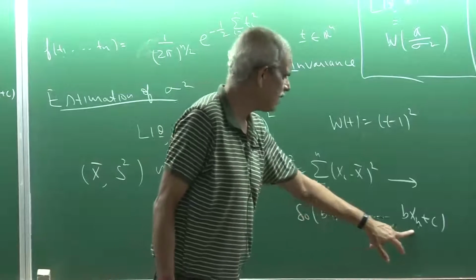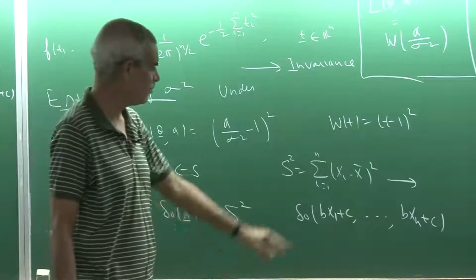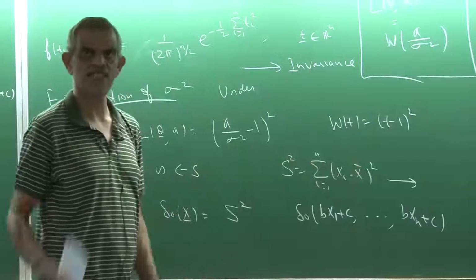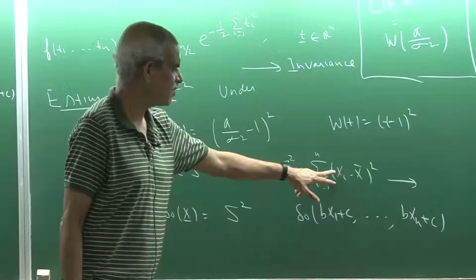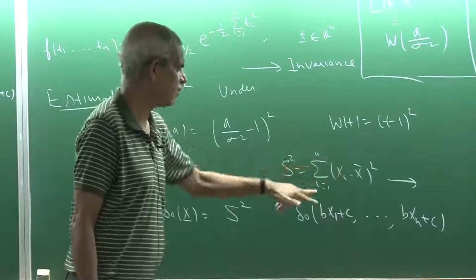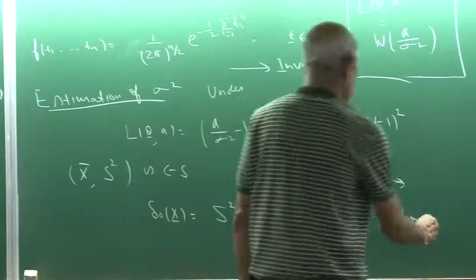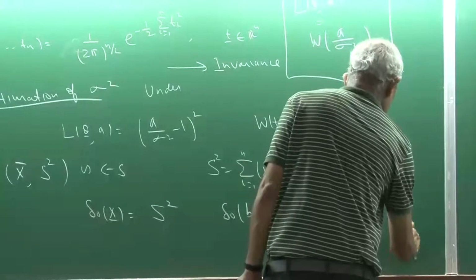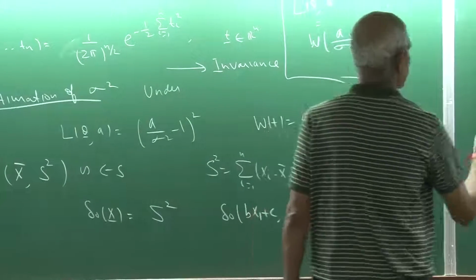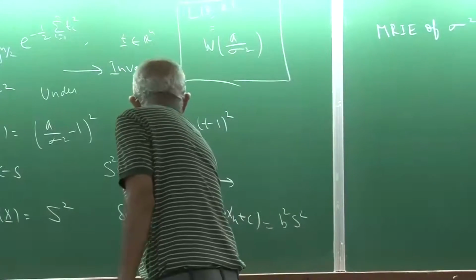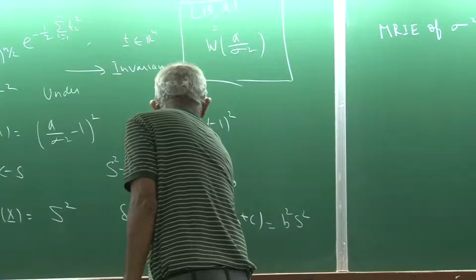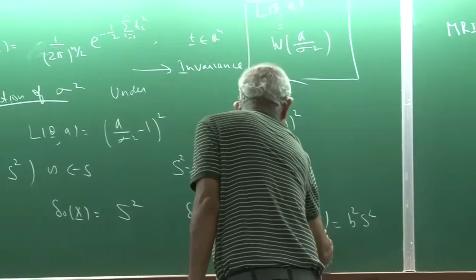The x bar of all this is again b x bar plus c. So when you look at xi minus x bar, c gets cancelled. B is common, B comes outside, becomes square, so it becomes b square s square, which is nothing but b square times delta naught of x1, x2, ..., xn.